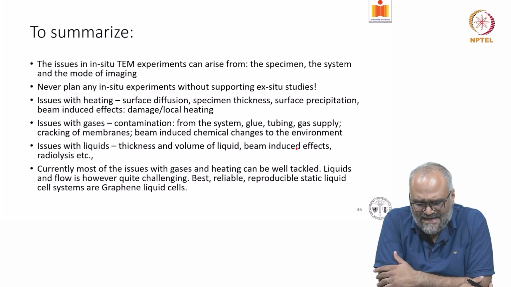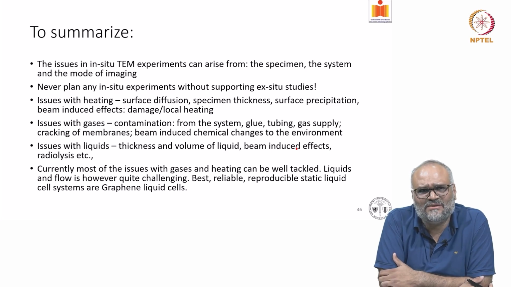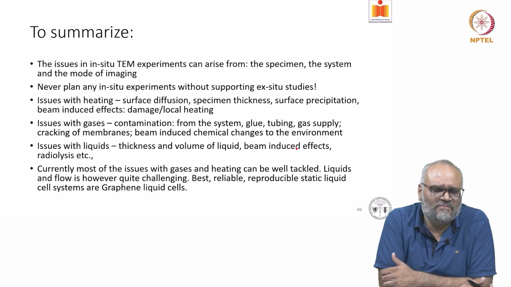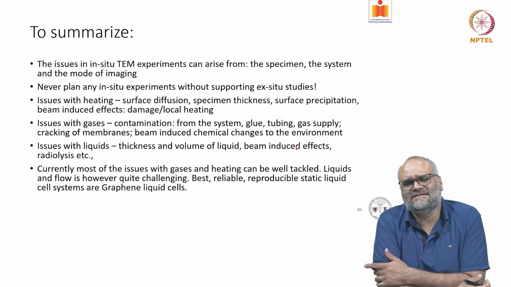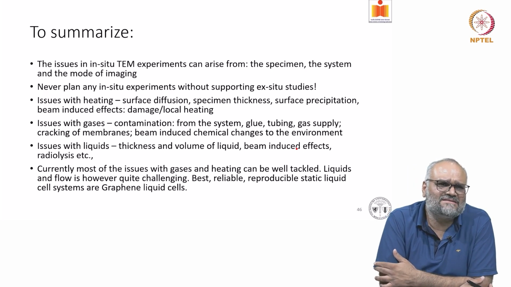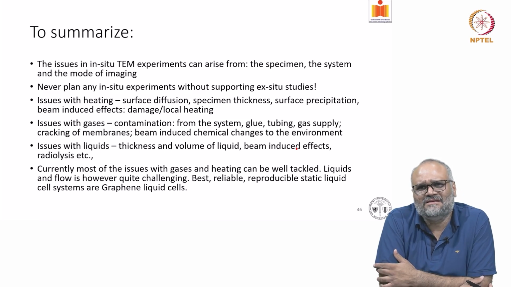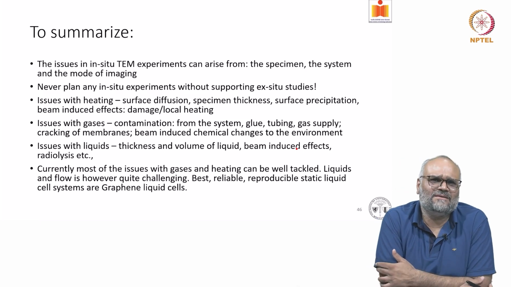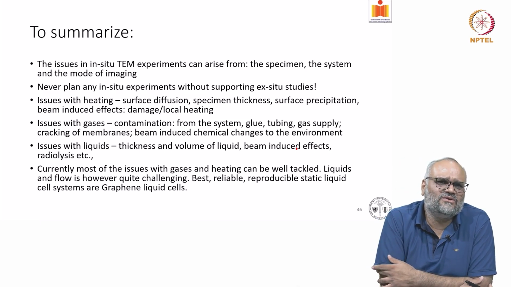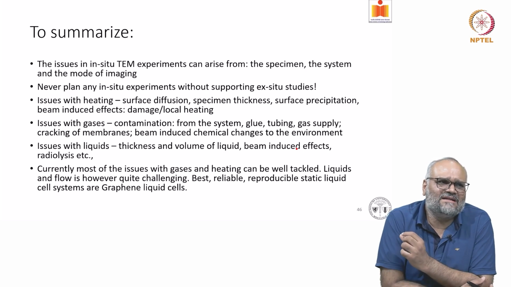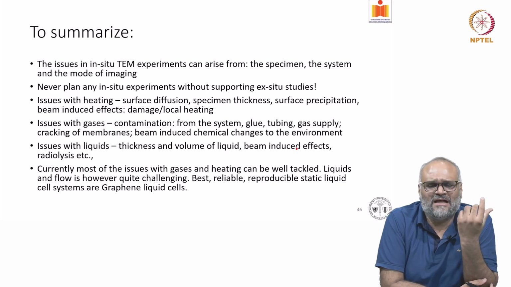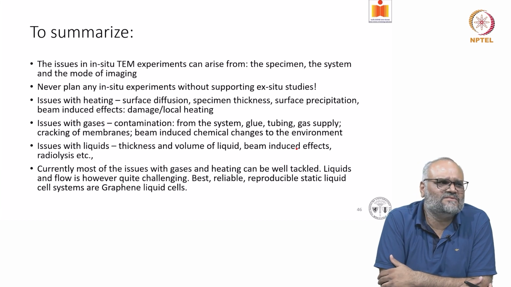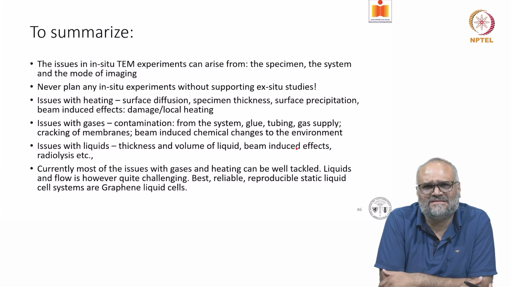So most issues with gases and heating can be tackled reasonably well. Liquids are still challenging, and there is recent interest in using graphene as a liquid cell membrane. If you're looking at two-dimensional systems like graphene or hexagonal boron nitride or membranes like that, you can use them to produce liquid cells where you have a static liquid and a nanoparticle, and these are the most reliable, reproducible liquid cells as of now.